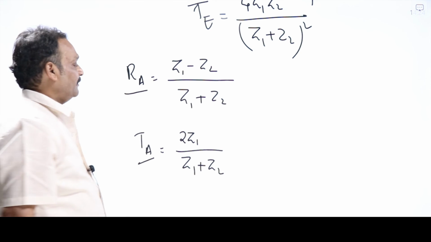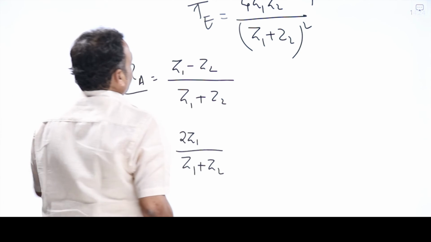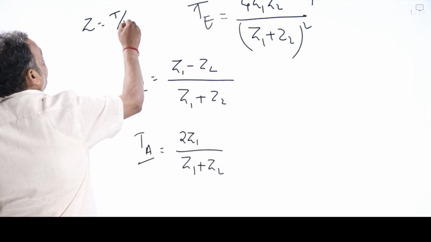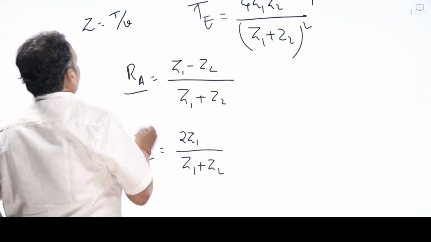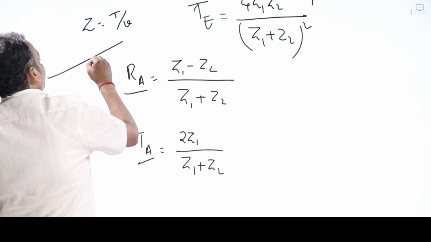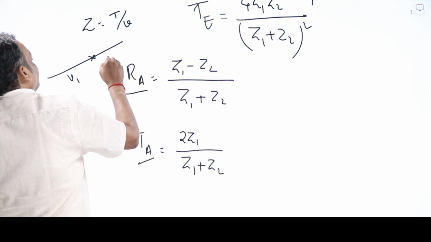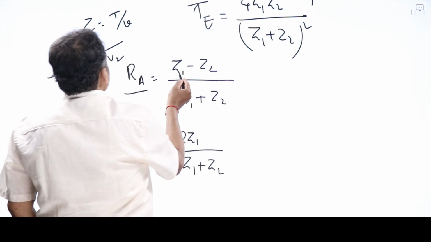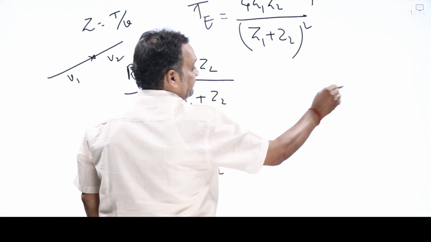Now, Z we have in general written as T by V. In terms of velocity, what will happen? If the velocity of the wave in the first medium is V1 and in the second medium is V2, how do we write it in terms of velocities? The tension in the string will be the same, isn't it?